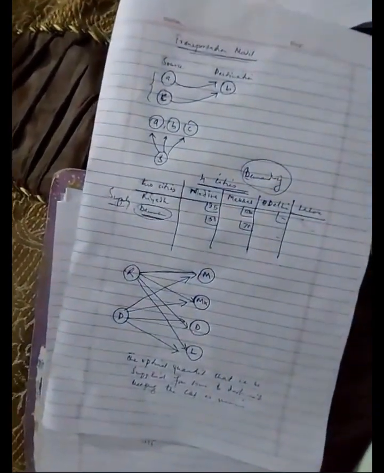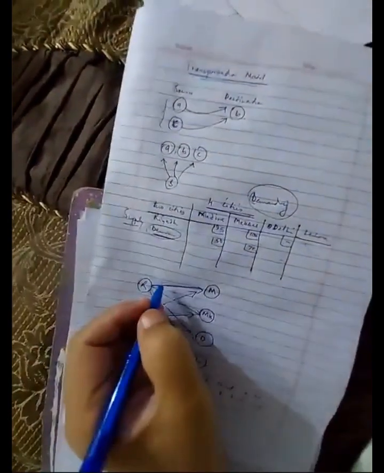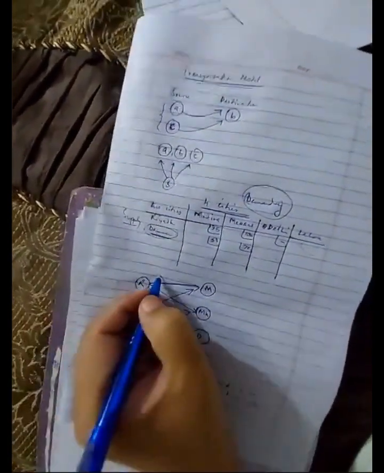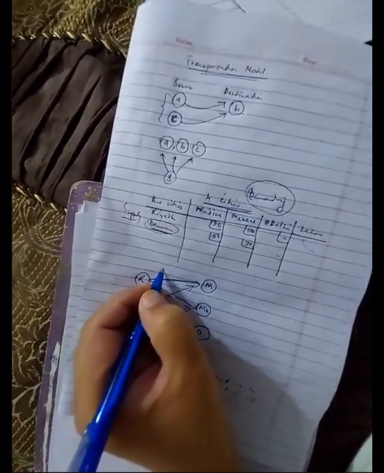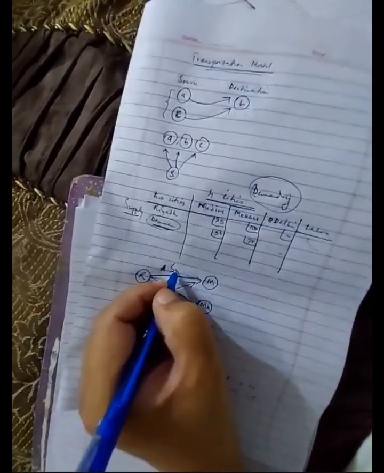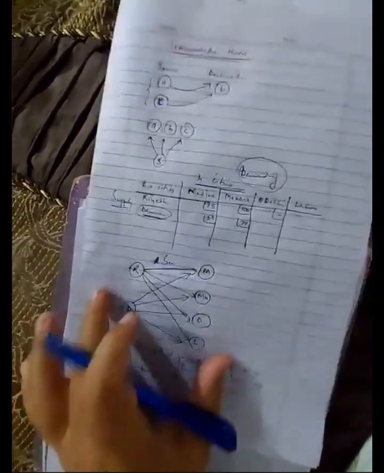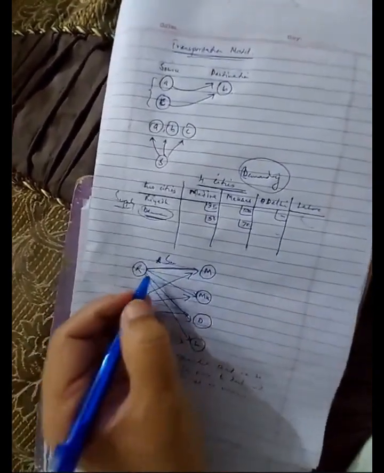Here, for example, we say that RM is the quantity that is supplied from Riyadh to Medina.